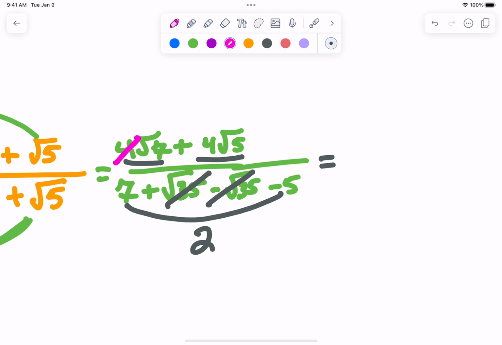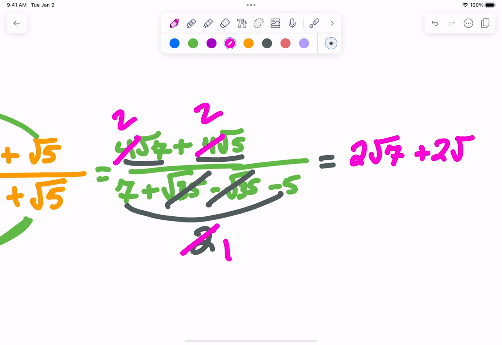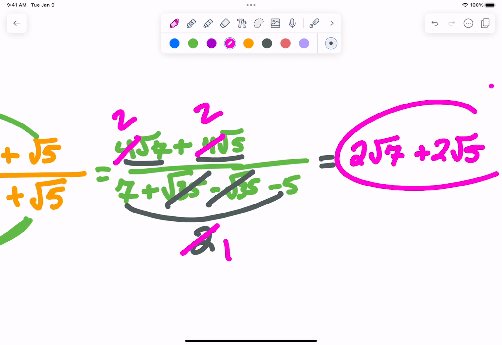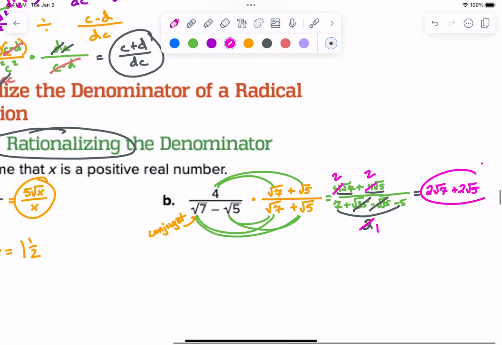So this guy can reduce by 2, this guy can reduce by 2, and this guy can reduce by 2. He becomes a 1. So what's he look like on the top? 2 square roots of 7 plus 2 square roots of 5, all over 1, or just that, right? You don't have to put them all over 1. Yuck.